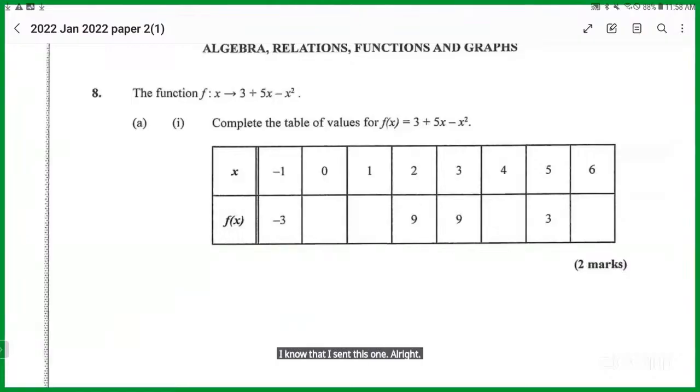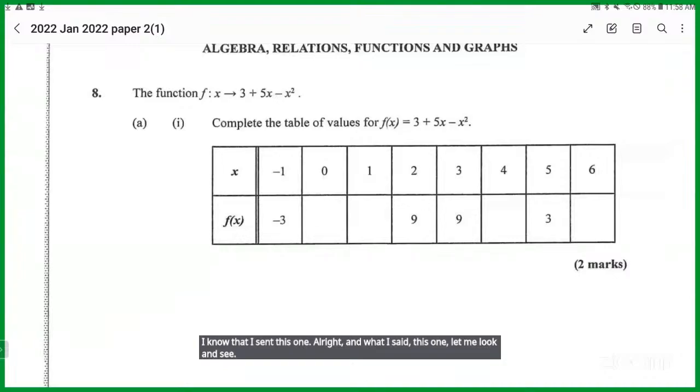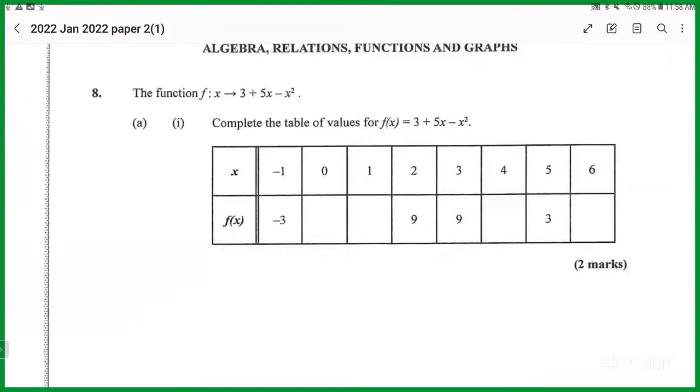Let me look and see which one I sent. Let's see quickly what I sent for you. I do them in the order that I sent them.